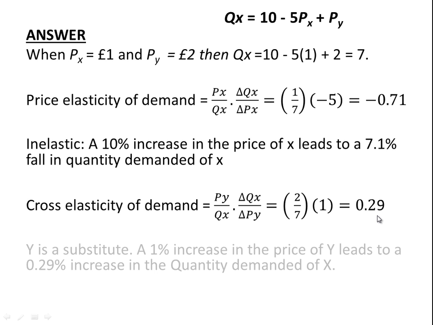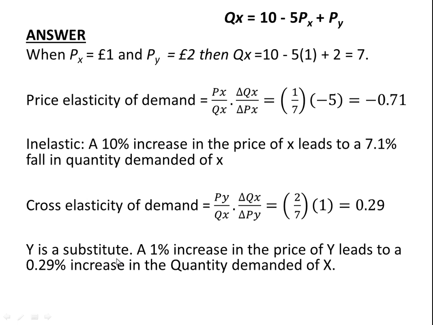That means, effectively, that Y is a substitute. The positive number in front of the Py variable indicates that Y is a substitute for X. So a 1% increase in the price of Y leads to a 0.29% increase in the quantity demanded of X, because clearly when the price of Y goes up, if it's a substitute, people want less of it and they're going to switch into X and buy more of it.